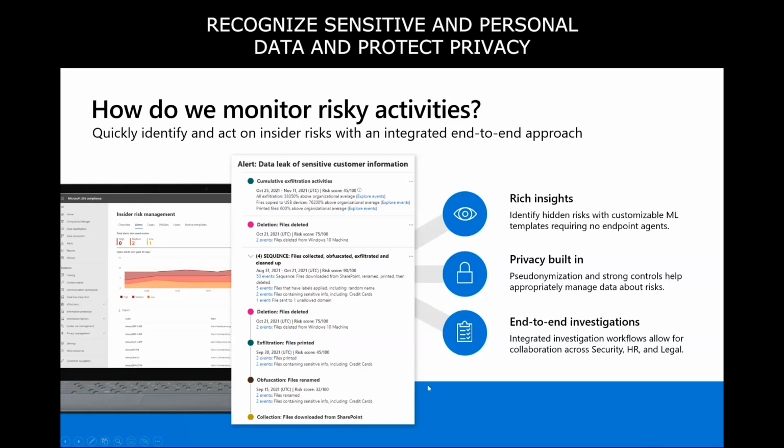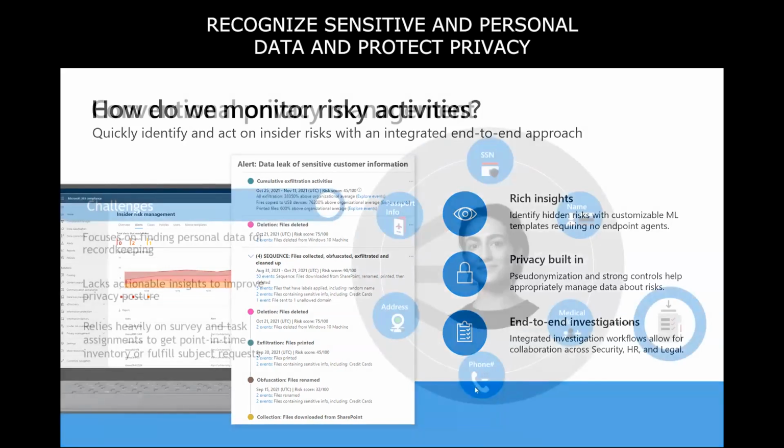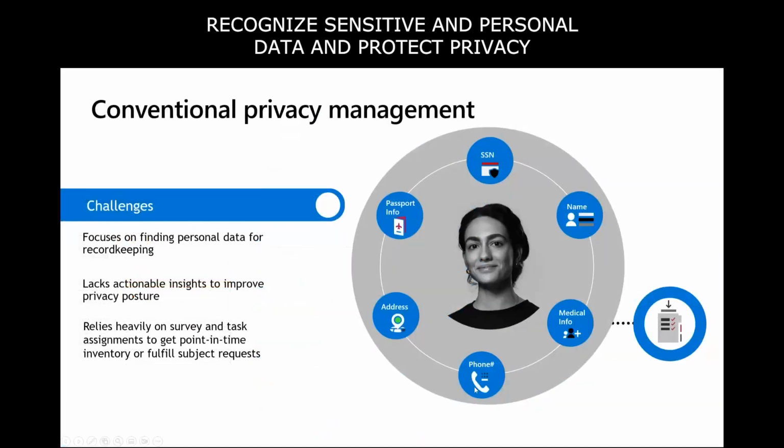Now that we have protected our data for a CISO, on the other side, the CPO side has a few extra challenges, or I would say not extra, but unique challenges. Conventional privacy management focuses on finding personal data just for record keeping.